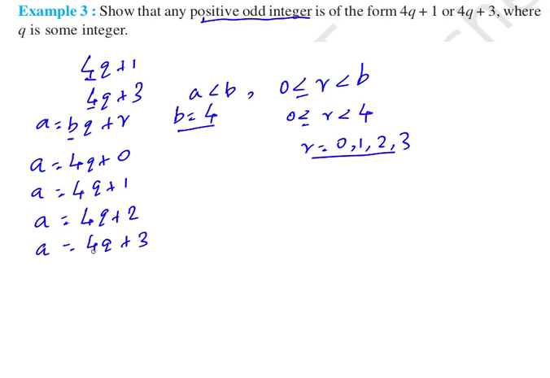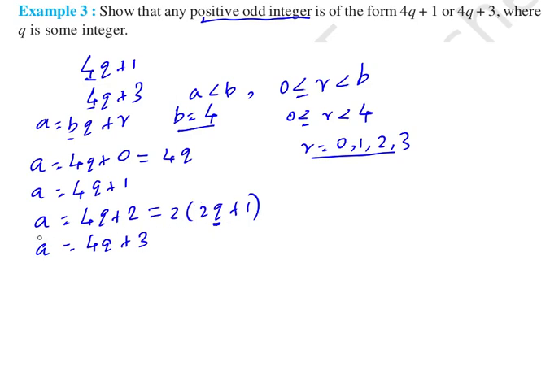Suppose in the first case, 4q plus 0, we can leave 0, so it becomes 4q itself. So a equals 4q. In this case, a equals 4q plus 2. If we take 2 common outside, 2q plus 1. For any kind of divisor, the whole product is a multiple of 2.